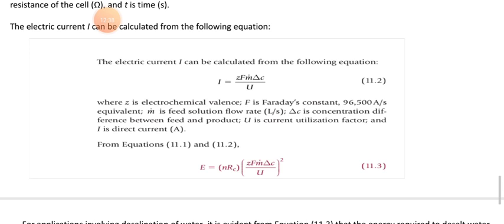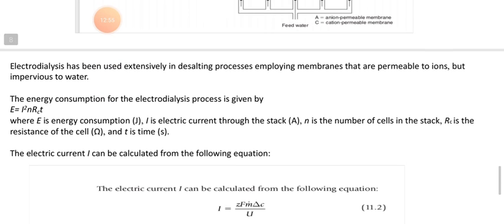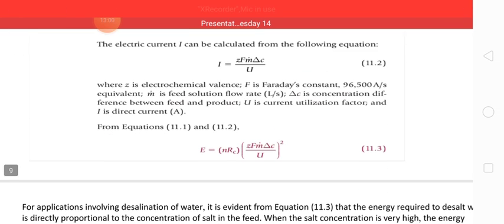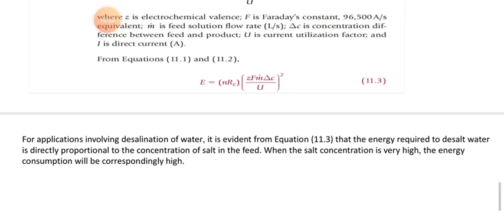Z is the electrochemical valency, F is the Faraday constant, M is the feed solution flow rate at which you are feeding the solution, delta C is the concentration difference, and U is the current utilization factor. Now you have to place this value of I in the equation E equals I squared R_C T, and you will get the following equation. So this is your electrodialysis system.